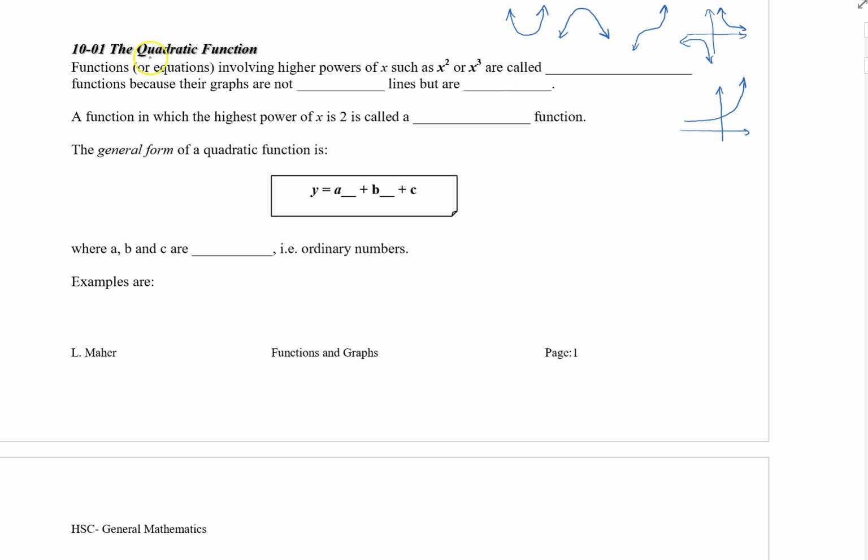Now, please become familiar with that word, quadratic. You will hear me use it, and if I'm using a term that means nothing to you, then you're losing some valuable instruction or information. It's really important that any term I use, if you don't understand it, you jot that down.